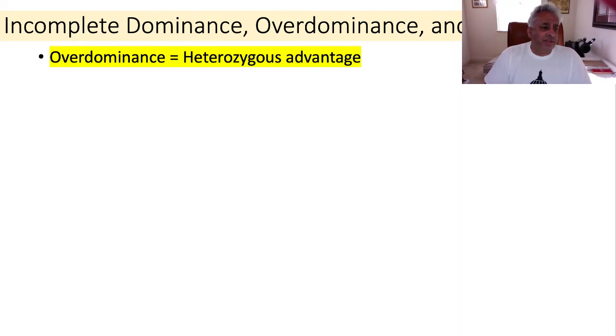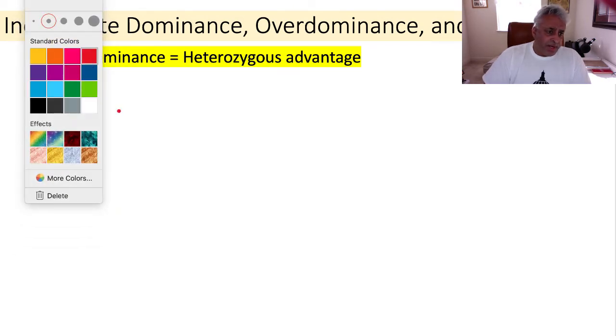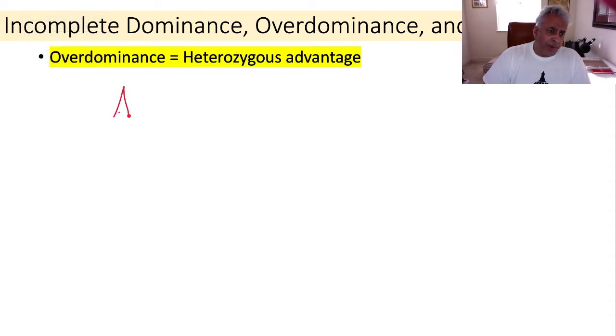So for instance, let's assume that we have three phenotypes. Let's type them in. We'll just call them A for now, just for the sake of simplicity. So we have the homozygous dominant, we have the heterozygous, and we have the homozygous recessive. And in this case, what is it best to be?